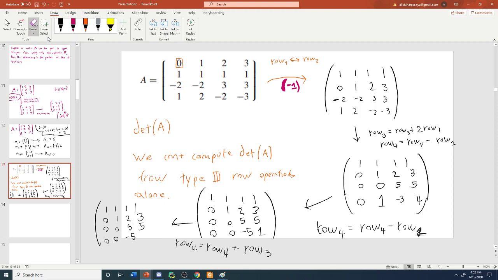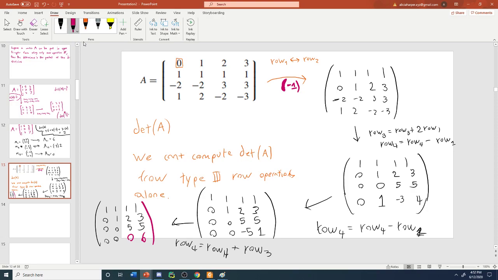Oops, sorry, that -5 should go away. So I have a 0 here, and now I will get 5 plus 1, which is 6. All right. After doing this sequence of operations, I have reduced the matrix to something that is upper triangular.